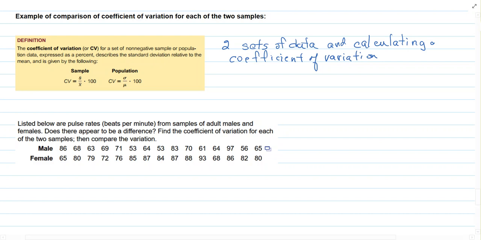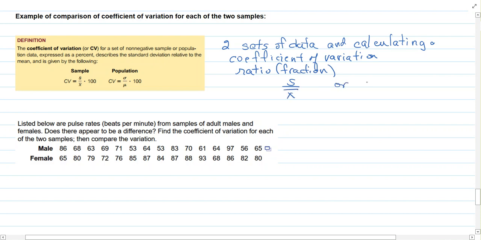Okay, so we're going to get this number, this relationship, and it is a ratio. Ratio means fraction. And we know the ratio is either S over the mean or the sigma over the mu for population. And each one we multiply by 100 to get a percent.